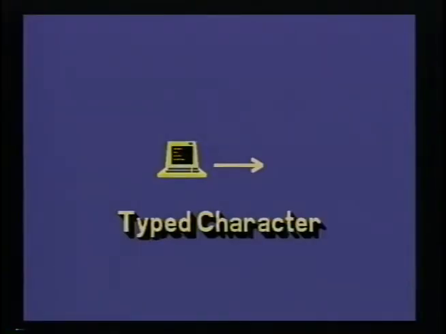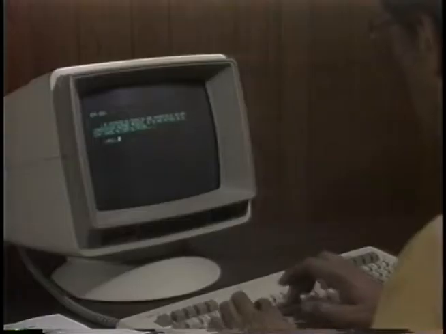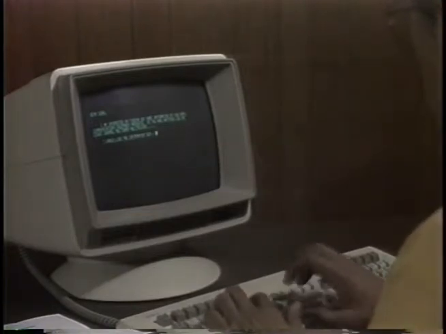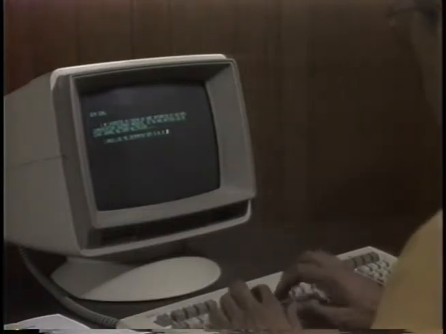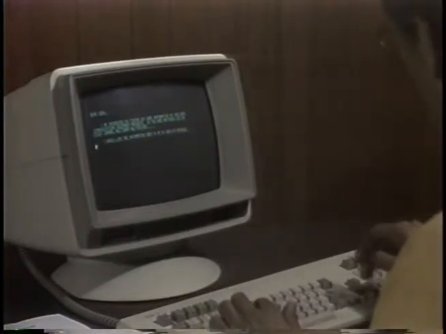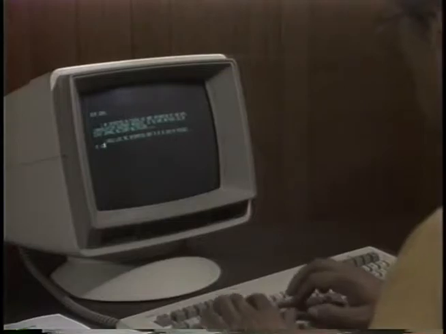With asynchronous transmission, such as a user typing at a terminal, the data goes only one way at a time, either to the computer or back to the terminal. Typing at a terminal is not a very efficient use of data communications. Remember, 60 words per minute is only 60 bits per second. That's only 5% of a 1200 BPS line, and there is no error correction.